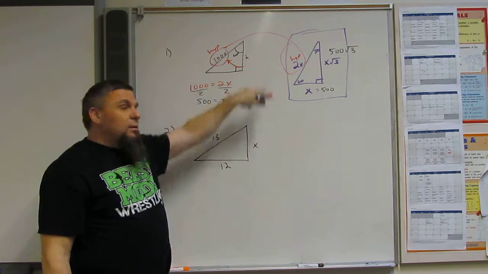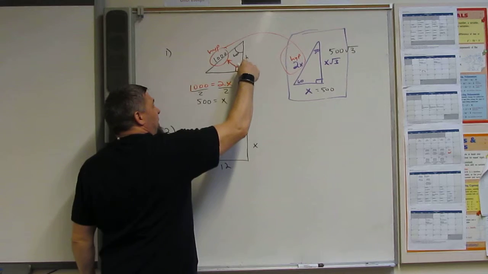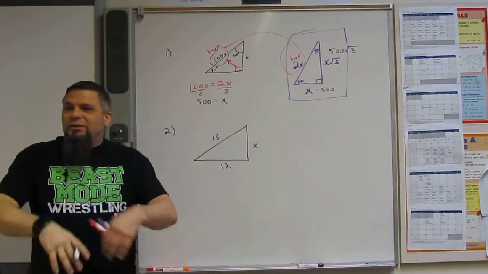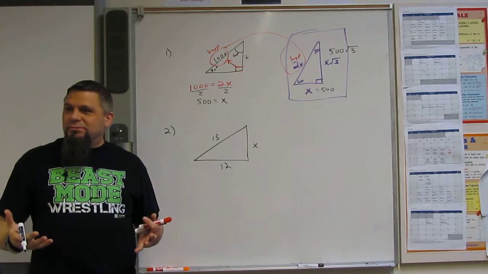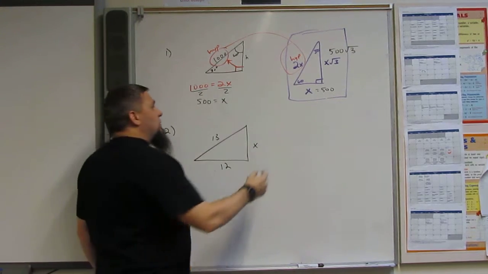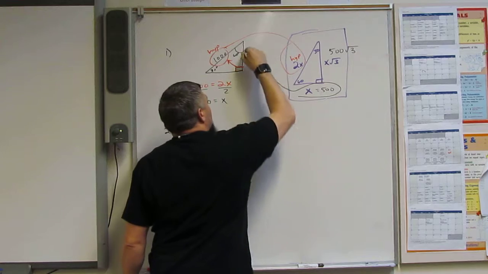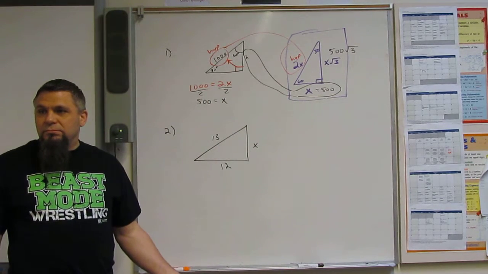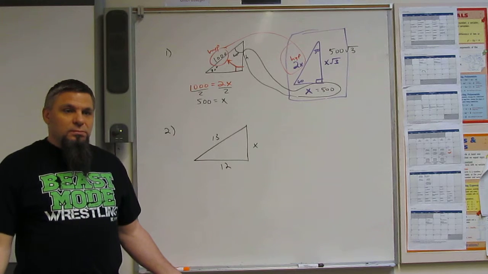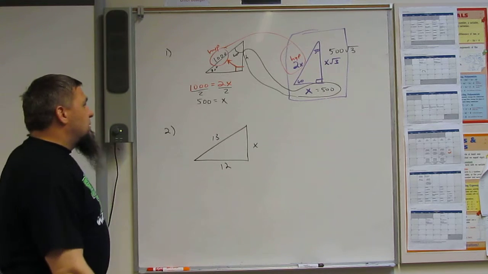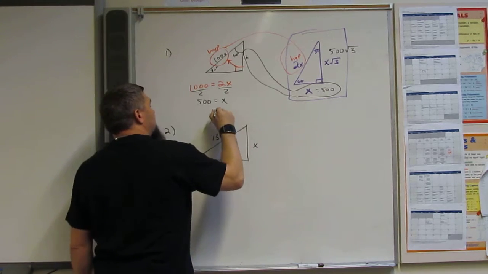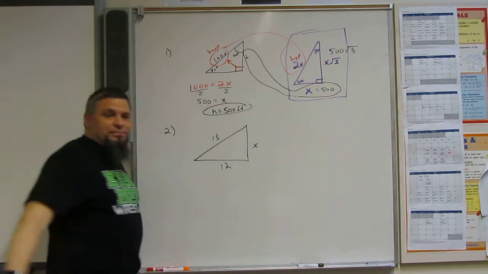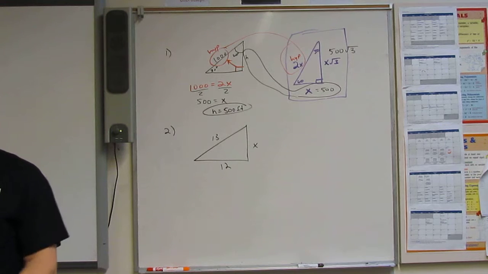Because this is the leg opposite of the 30-degree angle, it's going to be short. So the height is equal to 500 feet.